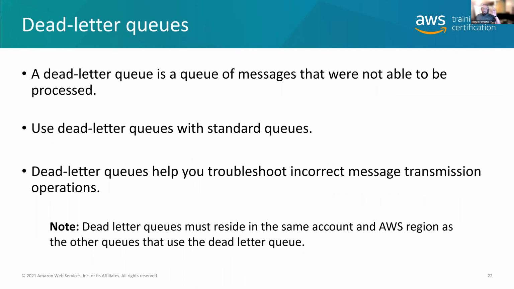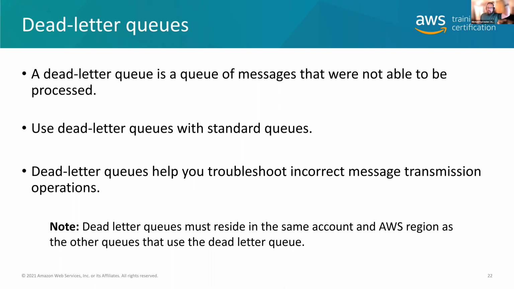Now, let's say you have producers producing messages into a queue and consumers consuming messages, and everything's working properly. The consumers are receiving messages and deleting them within the visibility timeout. But let's say that for whatever reason, there are messages that are just not being processed. A dead letter queue is really just an Amazon queue that you define off to the side to receive messages from other SQS queues in your account.